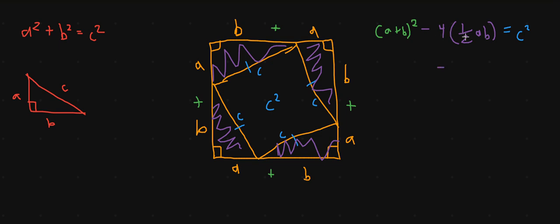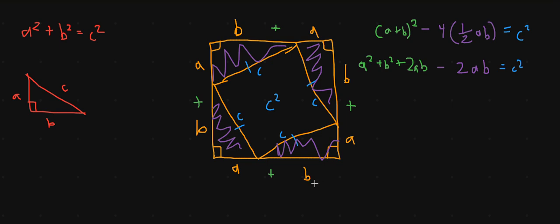Now 4 times half AB can just be rewritten as 2AB. And A plus B, the whole squared, can be rewritten as A squared plus B squared plus 2AB. And then this whole thing is equal to C squared. Remember, we just simplified it.